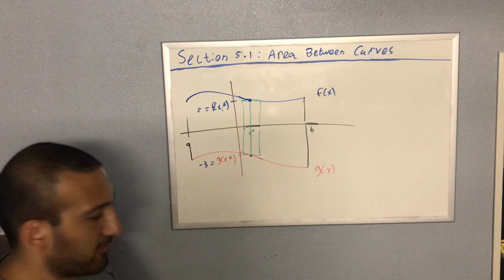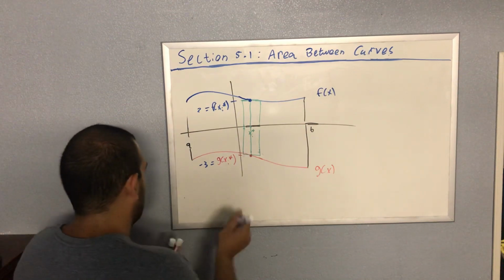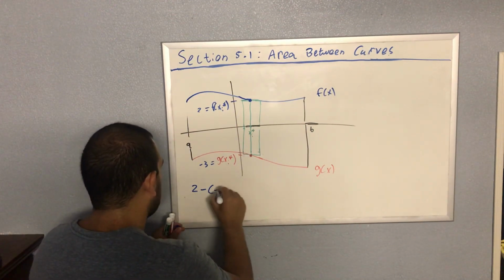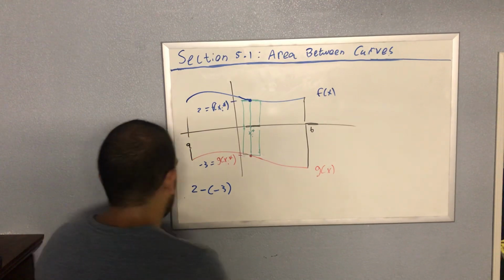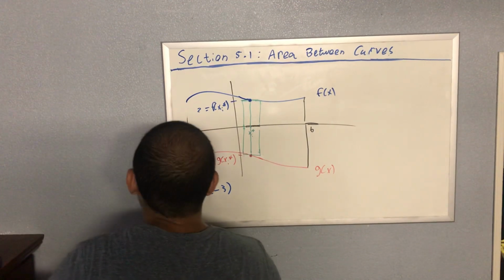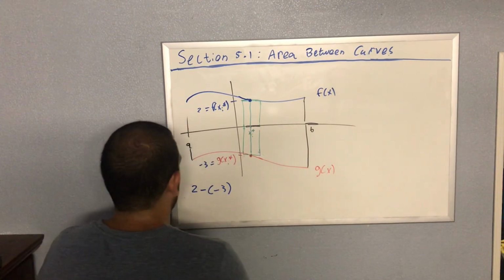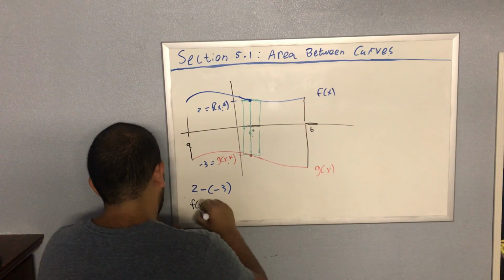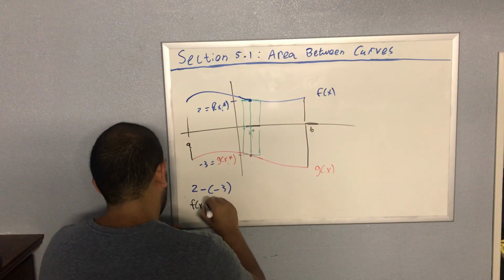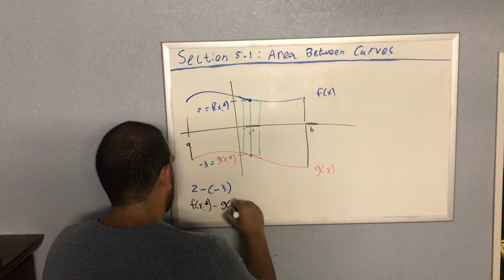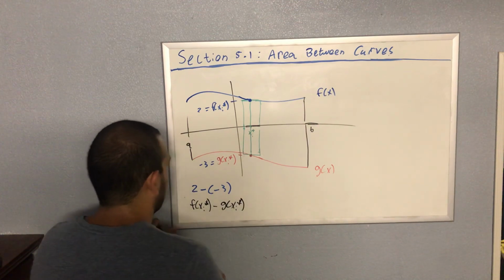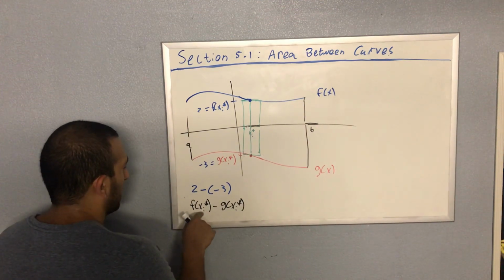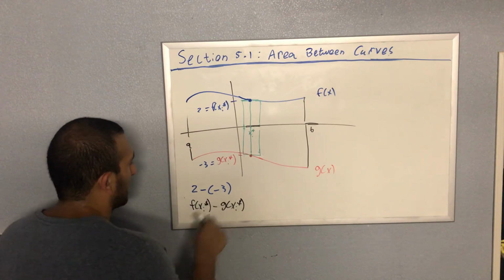So it's 5, right? So you're taking 2 minus negative 3. And what is that? This is f of x sub i star minus g of x sub i star, right? 2 is this guy, and negative 3 is that.